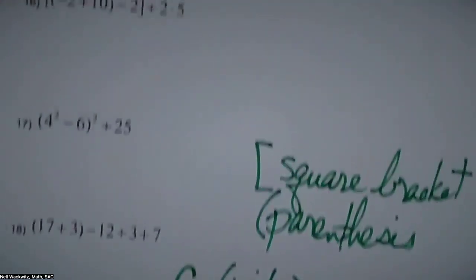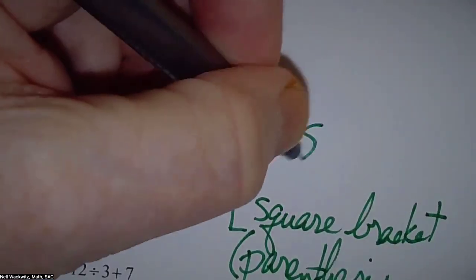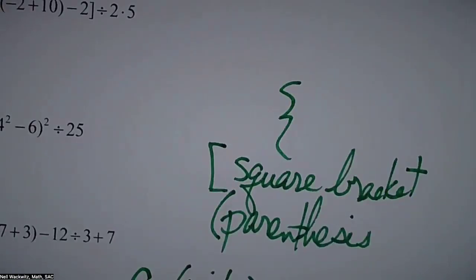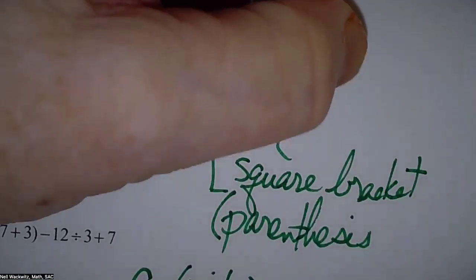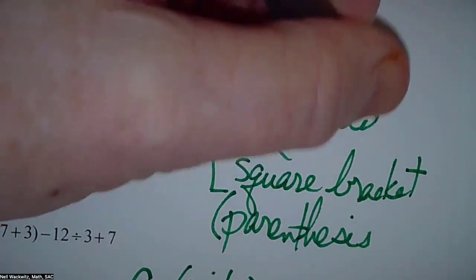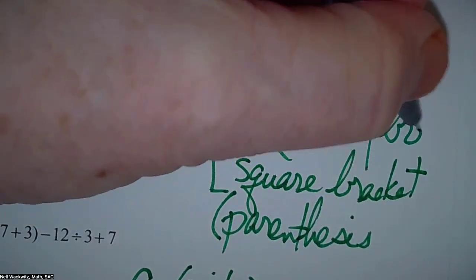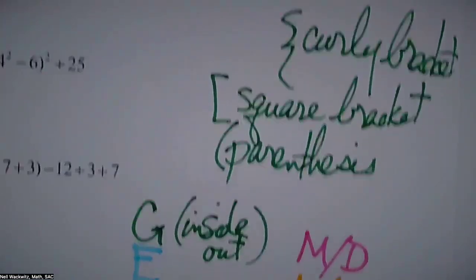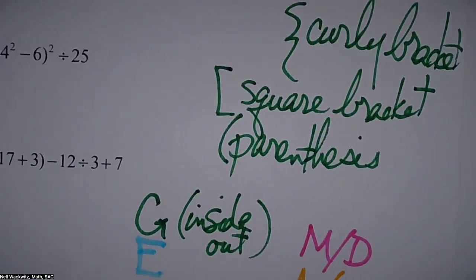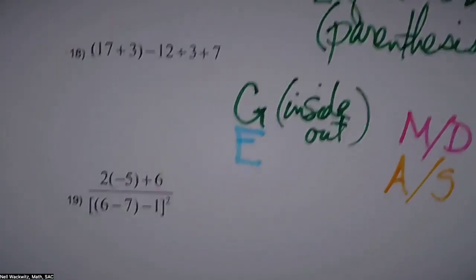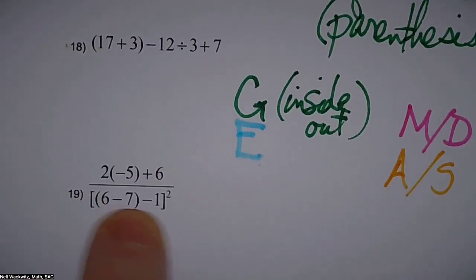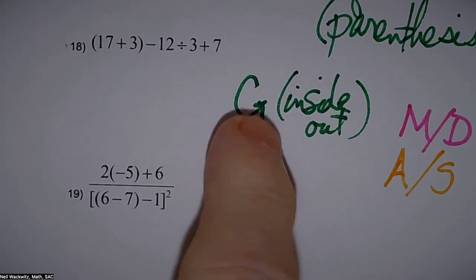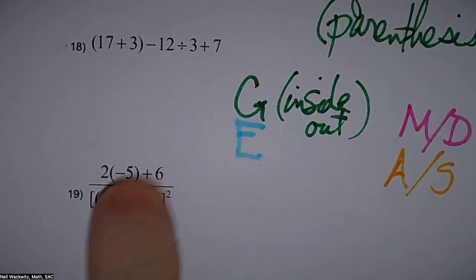And we don't have one of these in this example, but it's good to have the vocabulary. This is a curly bracket. And all of these are grouping. So it doesn't matter what they look like. With grouping, you start from the inside and work out.